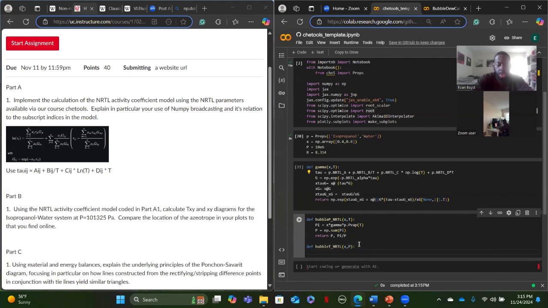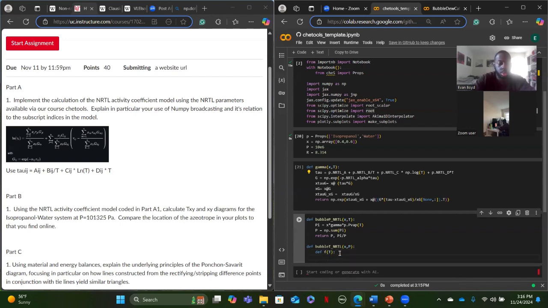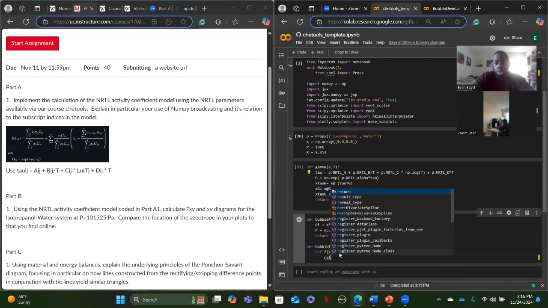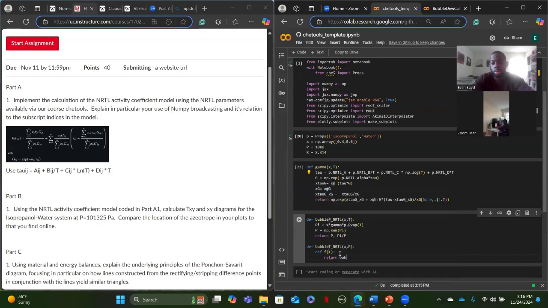Next, we want a function for our temperature, which we zero out, and then have this return our bubble T NRTL.